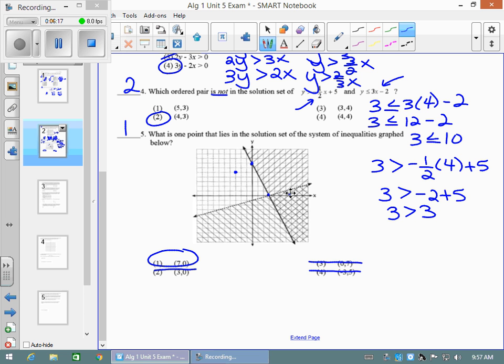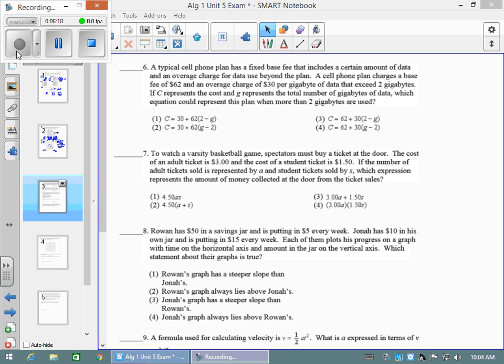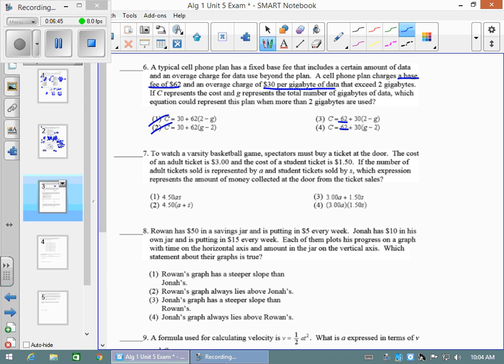Okay, taking a look at question number 6, we want to read very carefully to figure out what each piece means. So a cell phone charges a base fee of $62. So if you're talking about a base fee, that's really your initial amount or your y-intercept value. So the 62 should be alone in the equation. It's either choice 3 or choice 4. Now, an overage charge of $30 per gigabyte of data that exceeds 2 gigabytes.